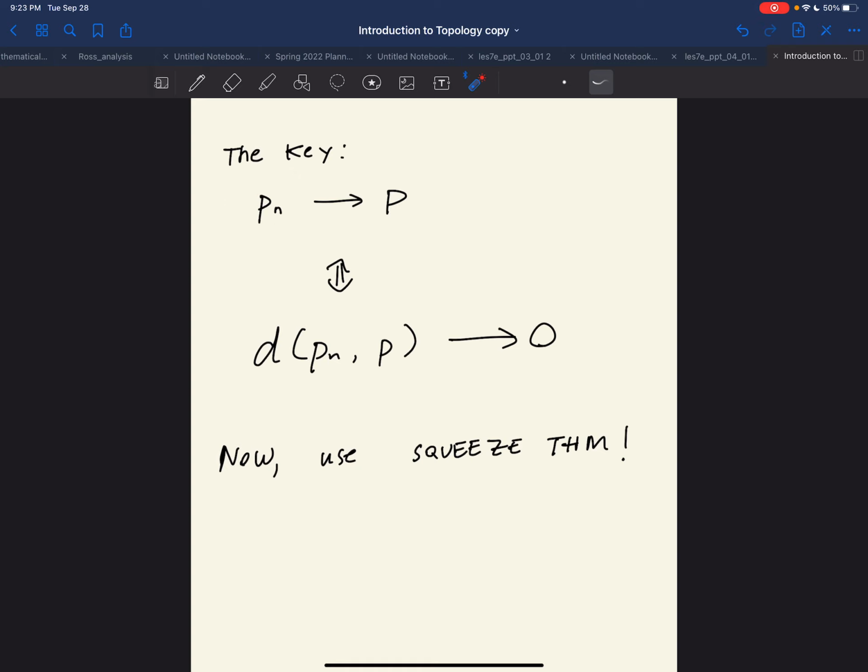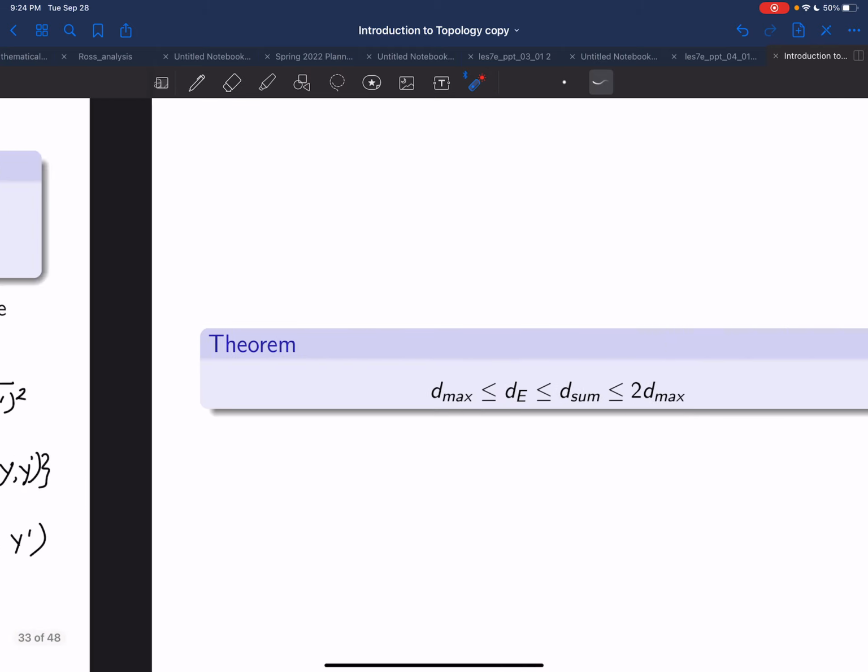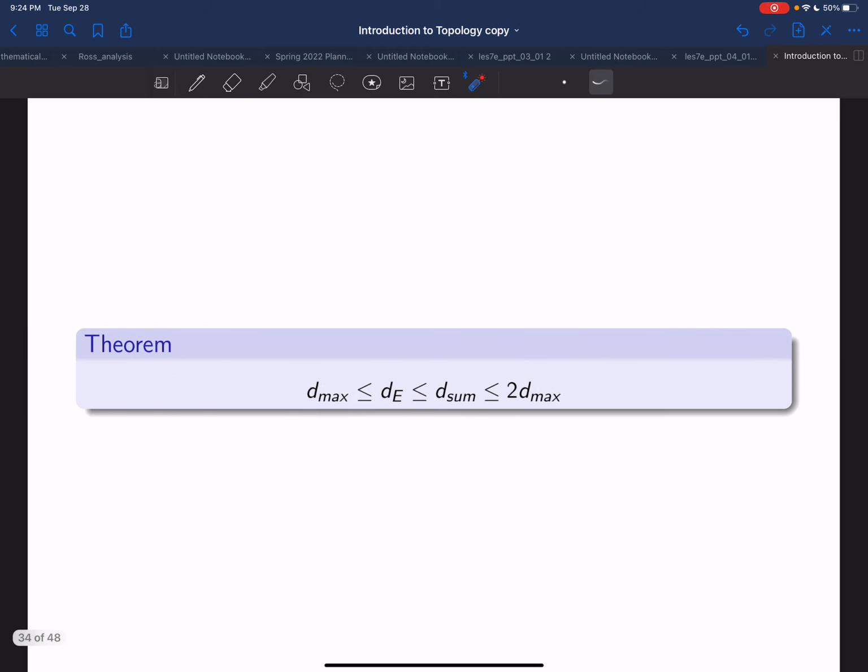In general, in a metric space, a sequence converges to a point if and only if the distance between the sequence and the point converges to 0. Okay? So suppose you have a sequence that's converging with respect to the max metric. That means that those distances are going to 0.